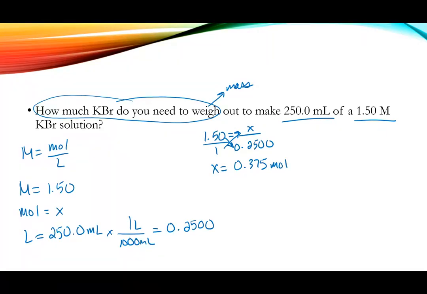This is asking me for the mass, so I have to go one more step and convert to grams. And so I will get 44.6 grams. 3 sig figs because 1.50 was 3, 250.0 was 4, but you always go with your fewest.